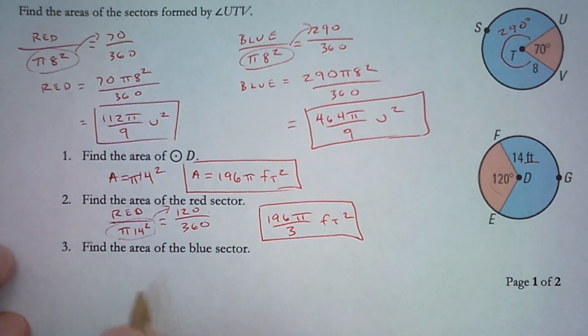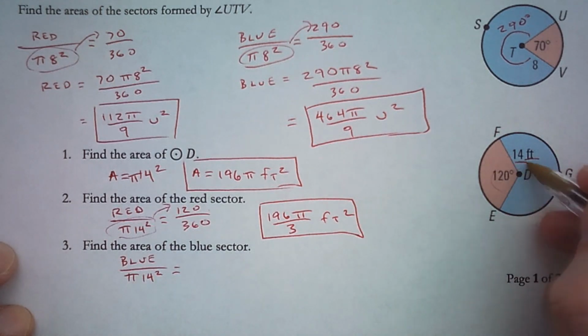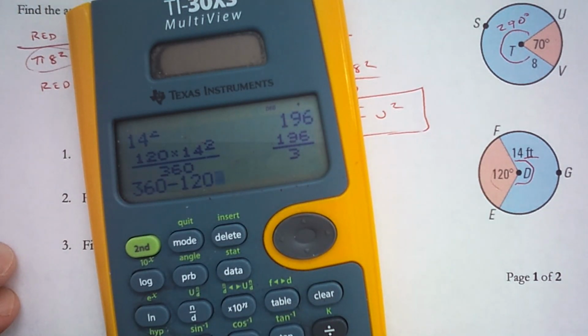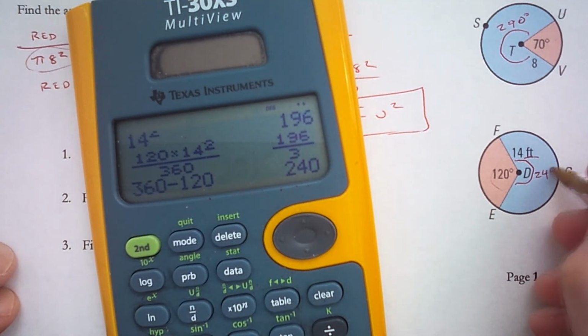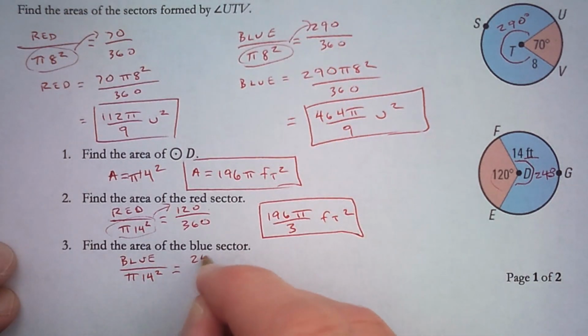Okay, then is the area of the blue sector. So that blue area is to the area of the circle, pi 14 squared, as, now I need that number of degrees, so I'll do 360 minus 120. I get 240 degrees. So as 240 is to 360.